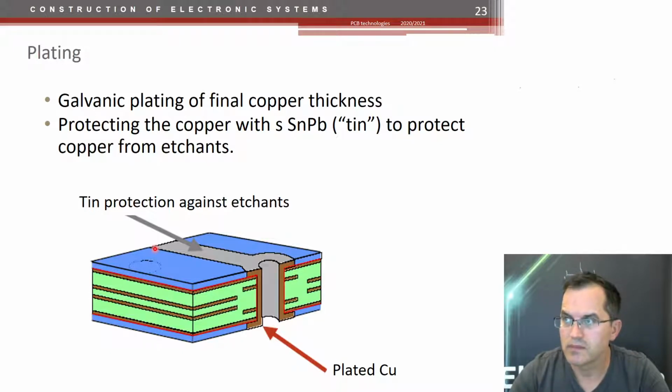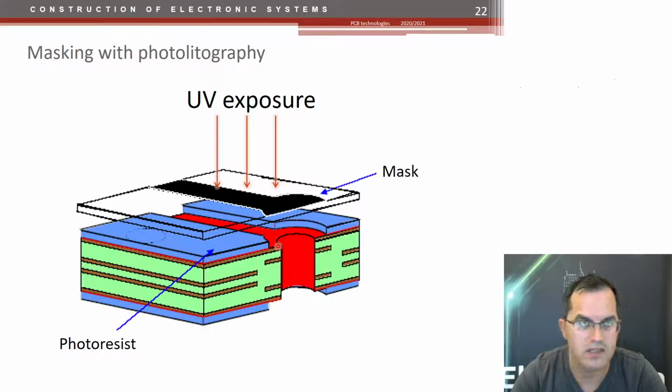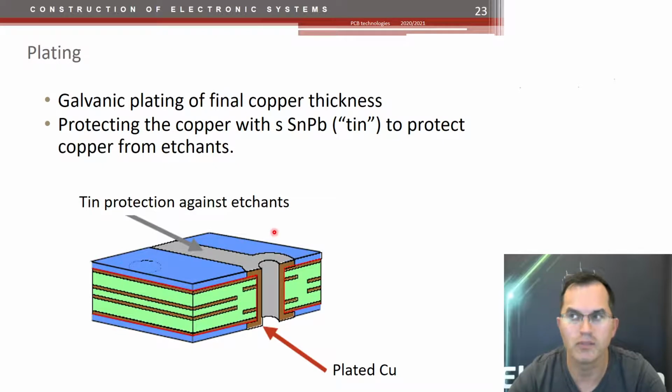Well, why do we do that? The thing is that we have to metallize vias, so the copper has to be attached or deposited in the vias as well, and it should be adequately thick. That's why at the beginning the copper layer is the thinnest we can get, and then we reach the final copper thickness with additional electrical plating.